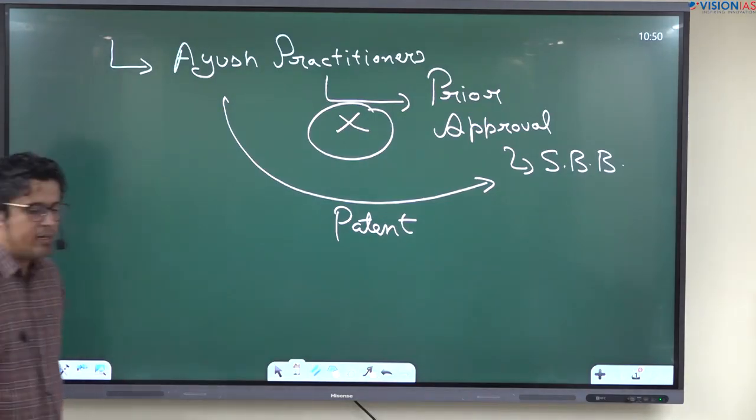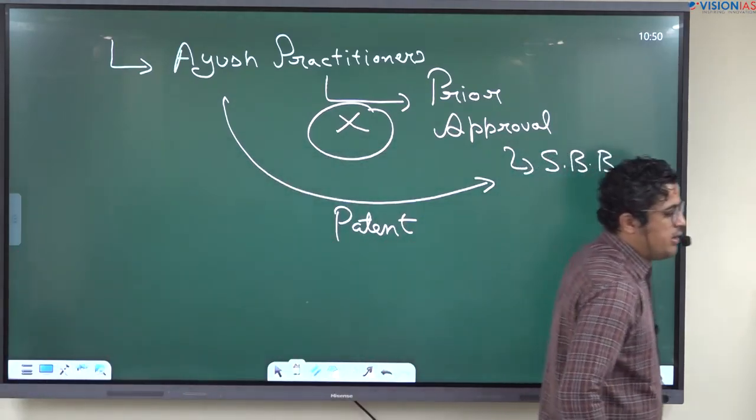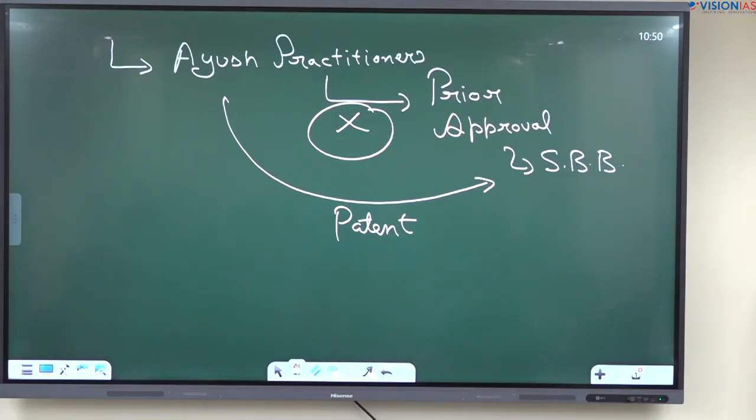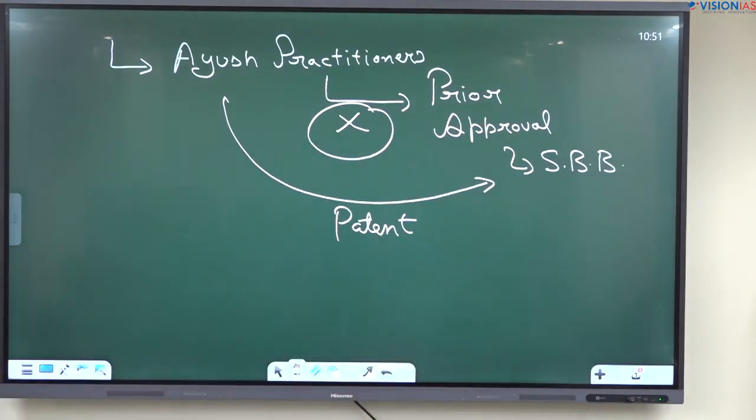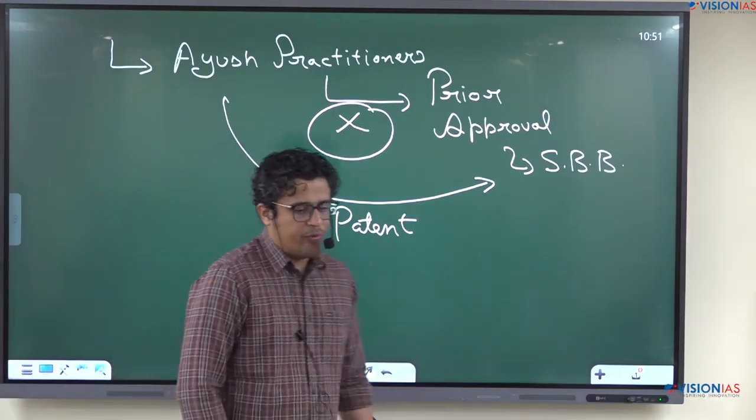Right now, Second Amendment. Earlier, prior approval of the state biodiversity board was needed for the utilization of natural resources.